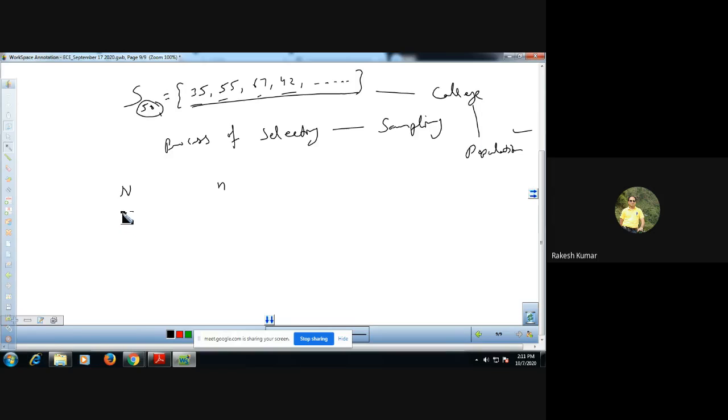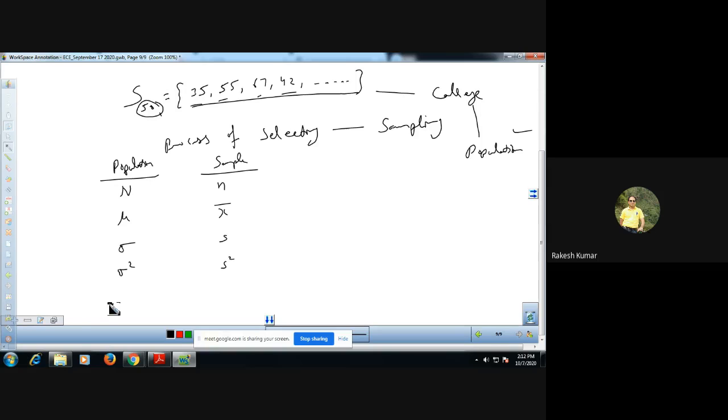And similarly we have mu. Mu is the mean of the population, and x bar is the mean of a sample. The standard deviation of the population is denoted by sigma, and small s is denoted for the sample standard deviation. These are the common symbols we shall use. If this is sigma, it is clear the variance will be sigma square, and this will be s square.